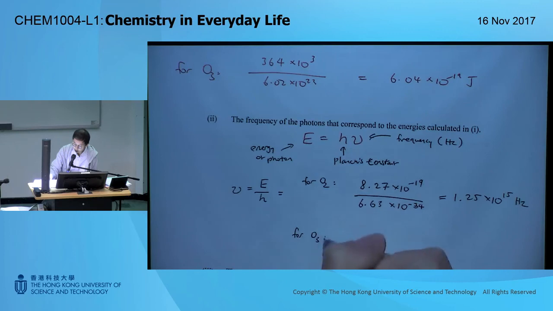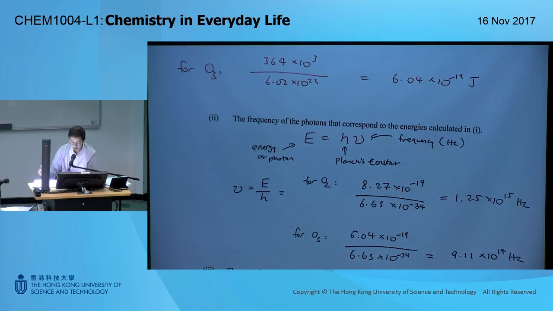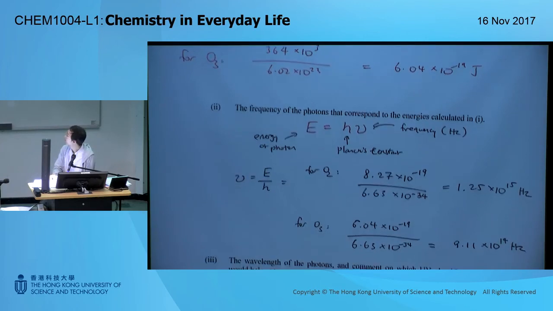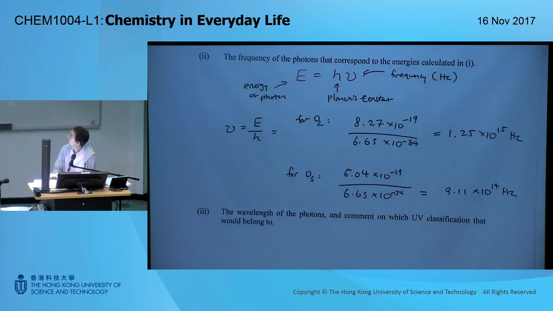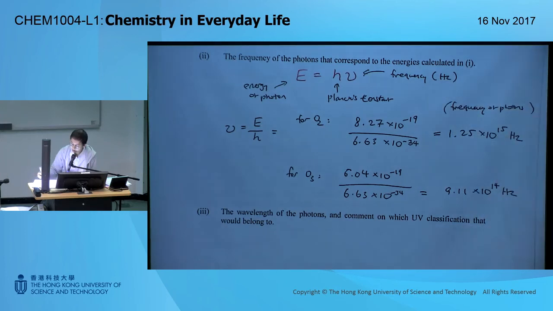For O3, this is 6.04 times 10 to the minus 19, the energy we calculated, divided by Planck's constant, which is 9.11 times 10 to the 14 hertz. These are the frequencies of the photon for the exact energy.